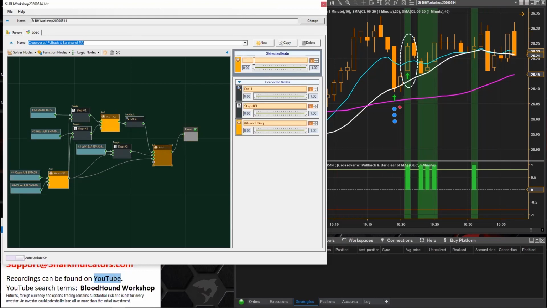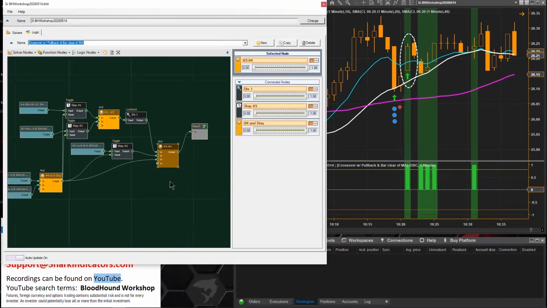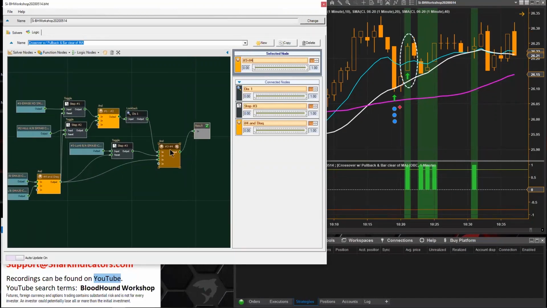This one is number 3 and number 4. There. All right, remember, guys, it's really helpful if you name stuff like this, to help you keep track of where certain conditions are coming together.